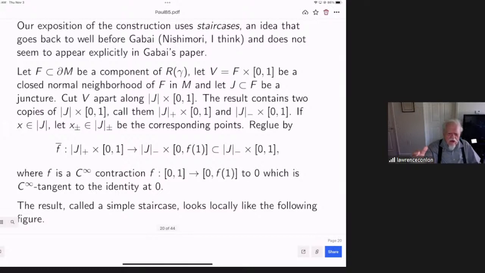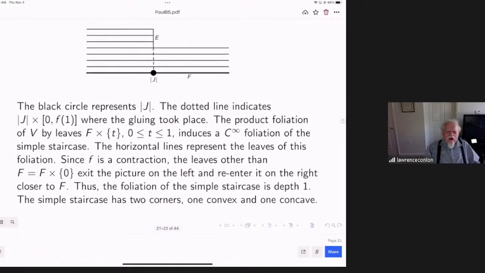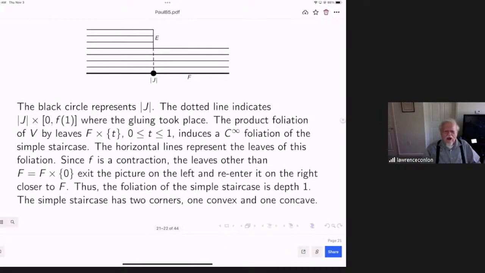So the result is called a simple staircase, or as I often say, a Nishimori staircase, and it looks locally like the following figure, Rachel. So there it is, a cross section. You see the dotted line is where we did the gluing. The horizontal lines are the product foliation of the normal neighborhood, but now it becomes a depth 1 foliation.